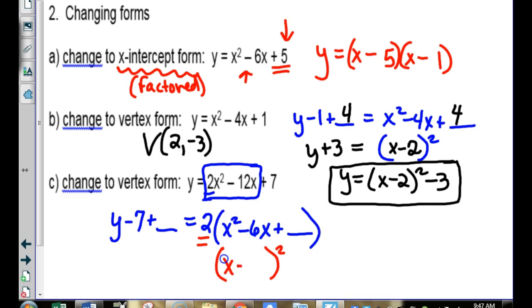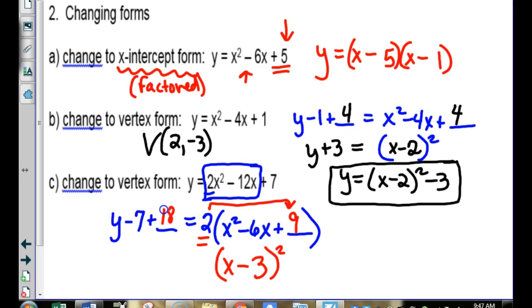It becomes x minus 3, and we square it and get 9. But does anybody know what we have to add to the other side? Yes. Because of this 2, when we put a 9 in here, we really added 18 to this side.